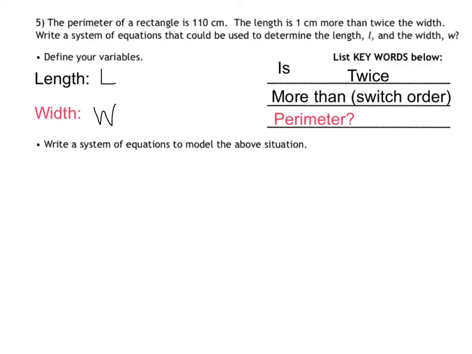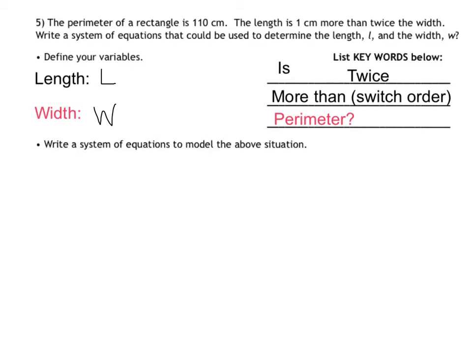I notice I see the word is, which means equals. I see twice, which means 2 times. I see the words more than, which means I have to switch the order, and it's addition. And then I have perimeter. Do we know what perimeter means? Hopefully we remember that perimeter means 2L plus 2W.